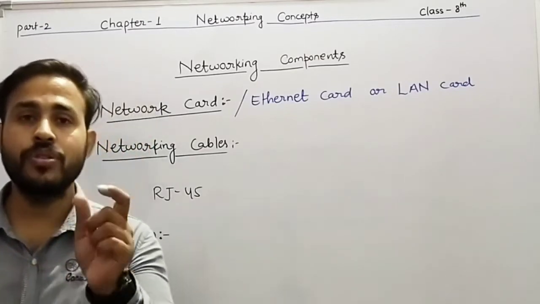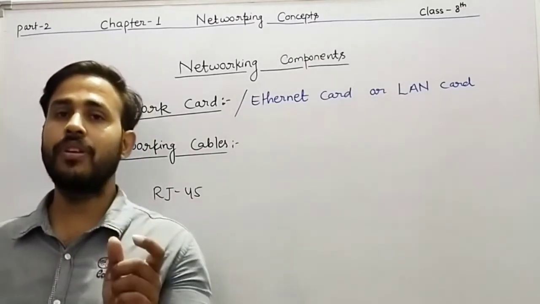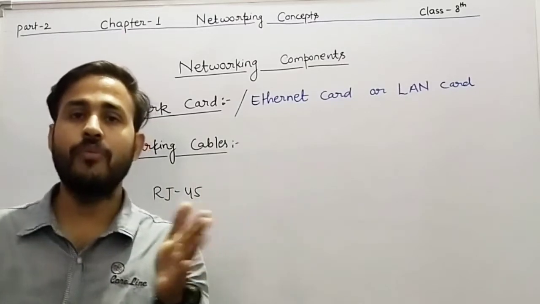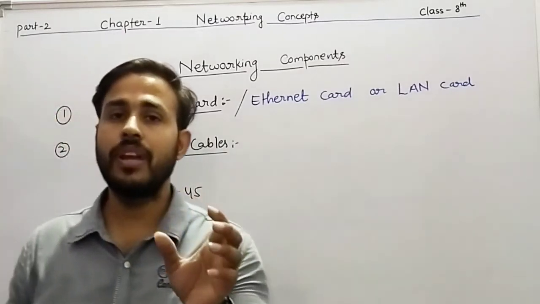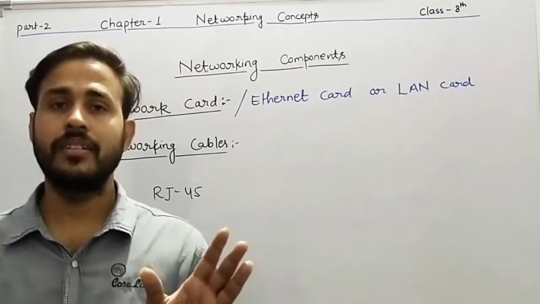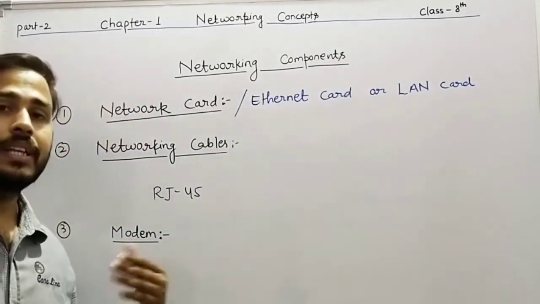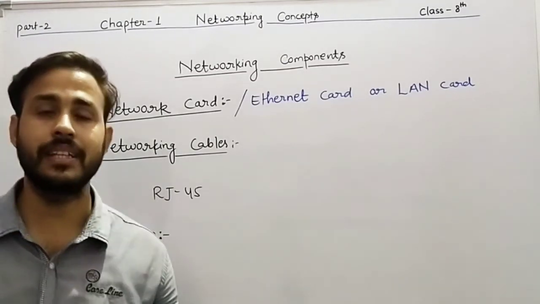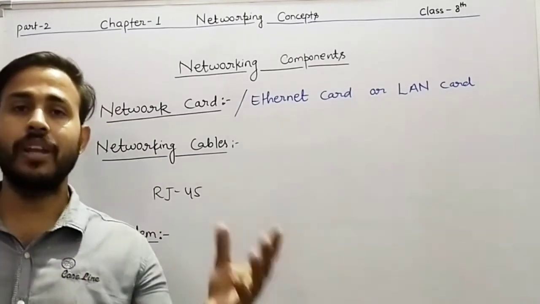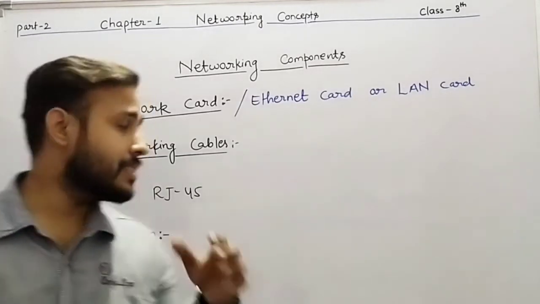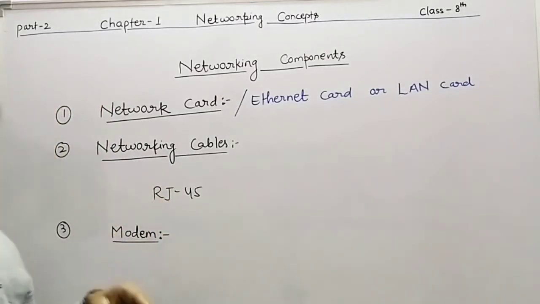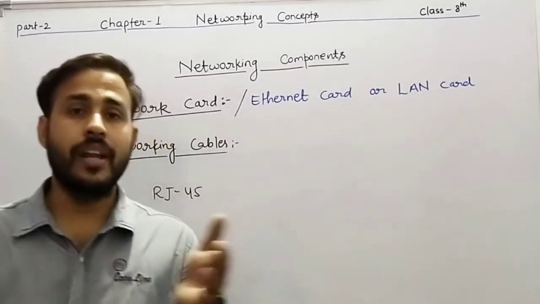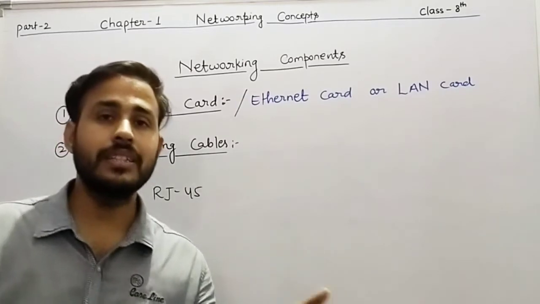One of the most important things is that the telephone line sends the signal in analog form, but the computer generates digital signals. So how can we send a digital signal over a telephone line if the telephone line uses analog signals? In this case, the modem is used as a signal converter, from digital signal to analog signal and analog signal to digital signal.